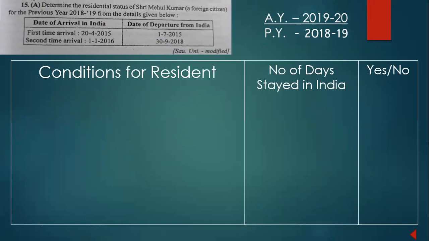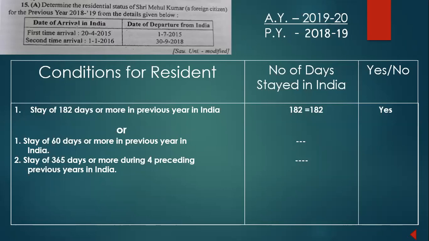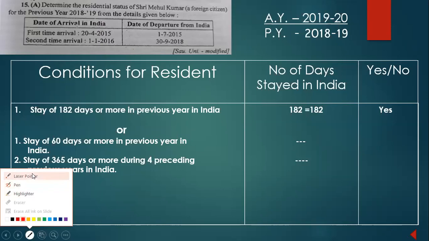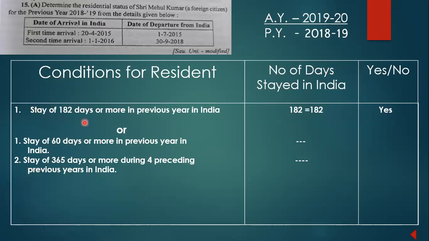Then we will make the table for the conditions for residence, number of days stayed in India, yes or no. The table should contain the conditions. Our first condition is stay of 182 days or more in previous year in India.